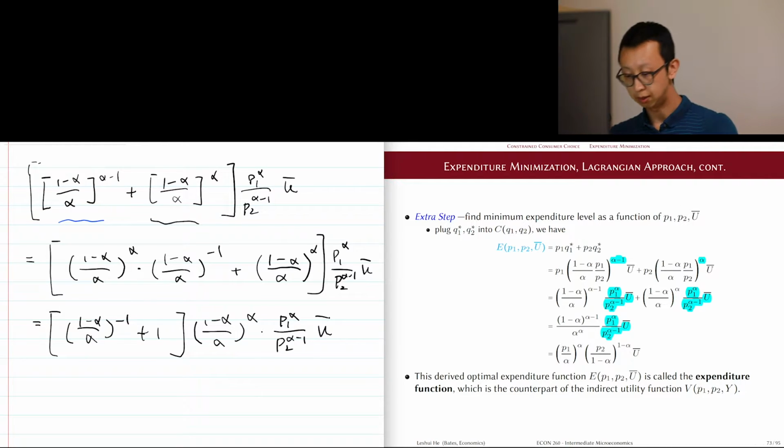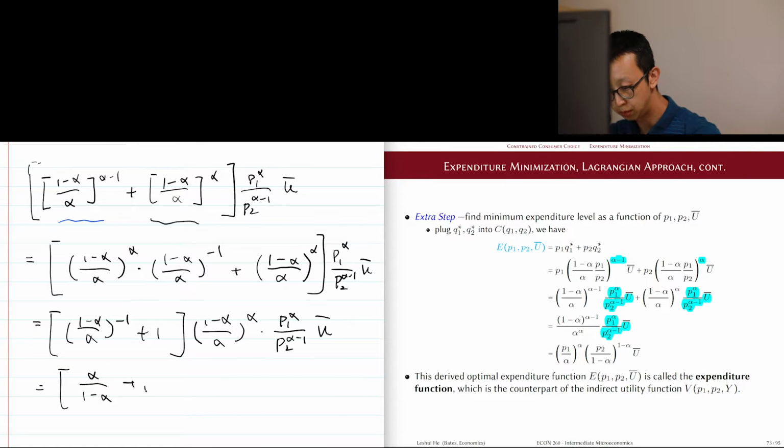On the inside of the square brackets, this ratio to the power of minus 1 is just flipping it upside down. So then I'm going to have alpha over (1 minus alpha) plus 1, times ((1 minus alpha) over alpha) to the power of alpha, times P1 to the alpha, P2 to the alpha minus 1, times U bar.